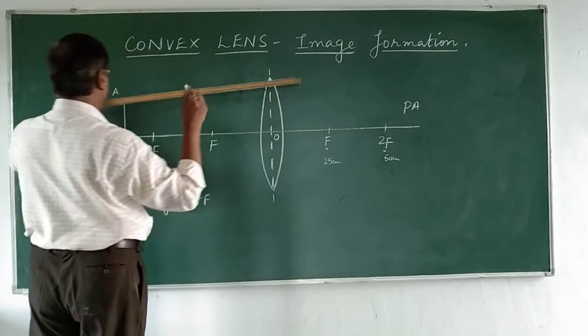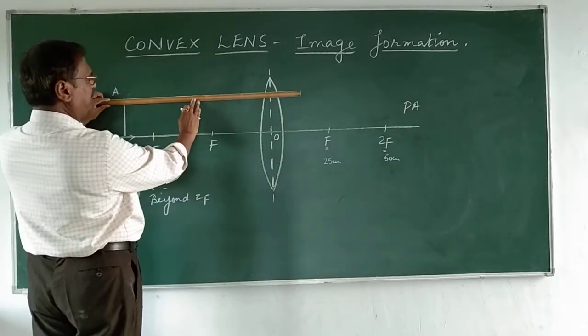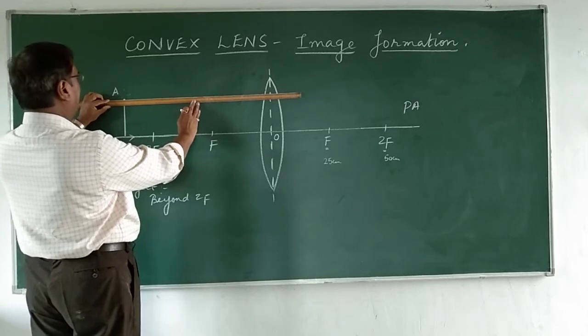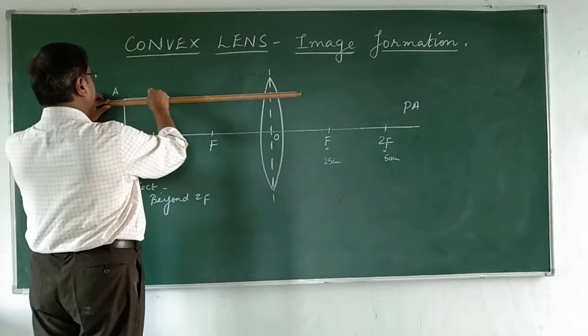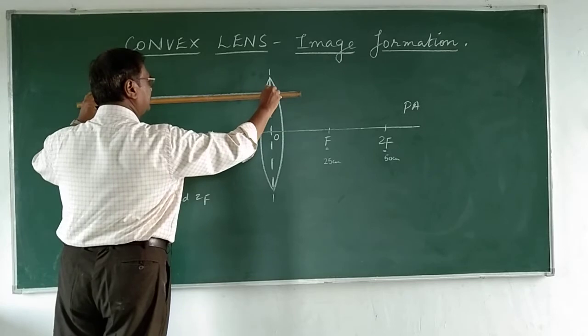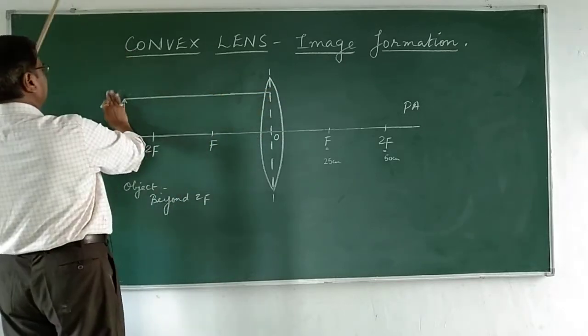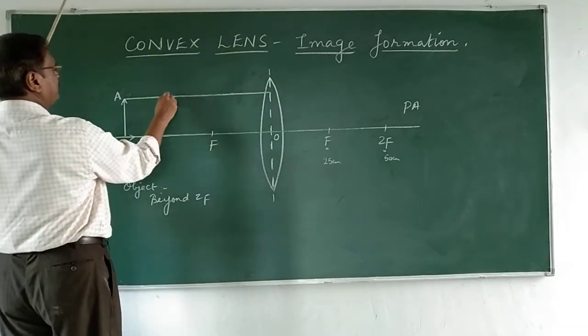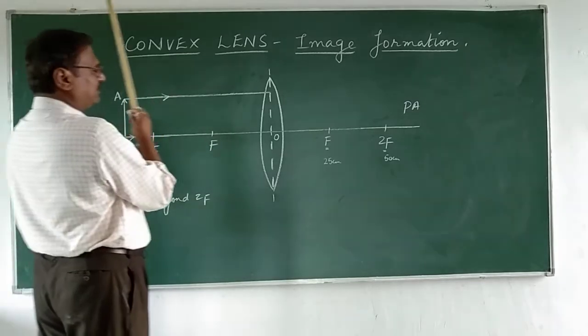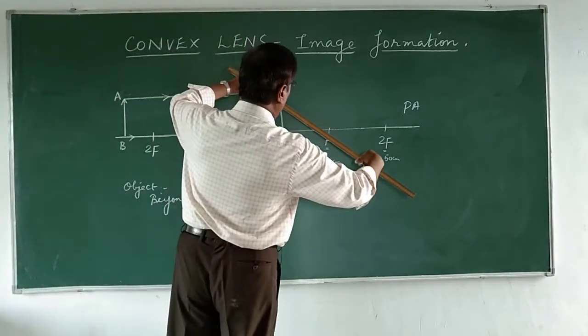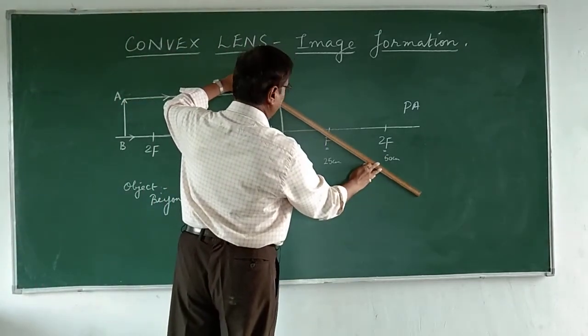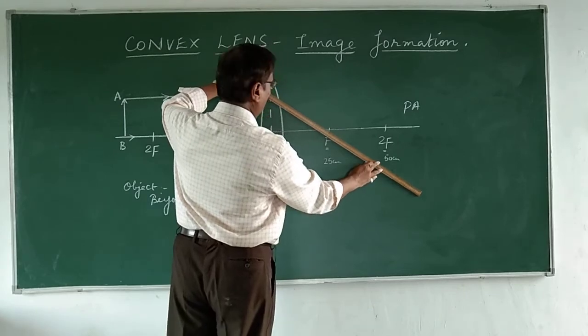It is going to be a ray parallel to the principal axis. This is the object AB. What will happen to this ray? This ray will pass through the focus.